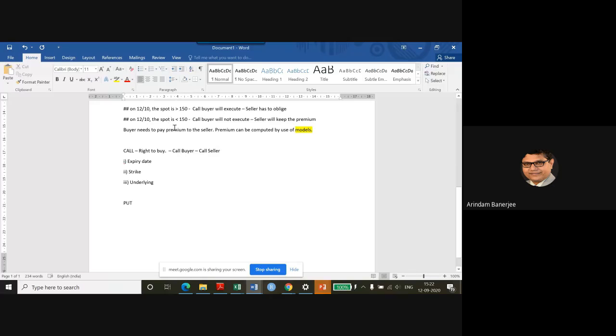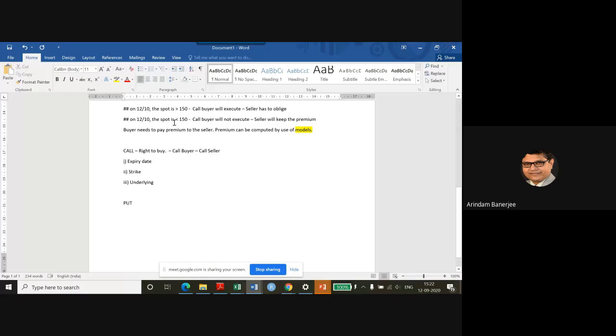These two parties are interacting among themselves to buy a right to buy, not to buy the underlying asset. They are buying a right to buy and selling a right to buy of the underlying asset at a given strike price, which is going to expire on a predefined date.